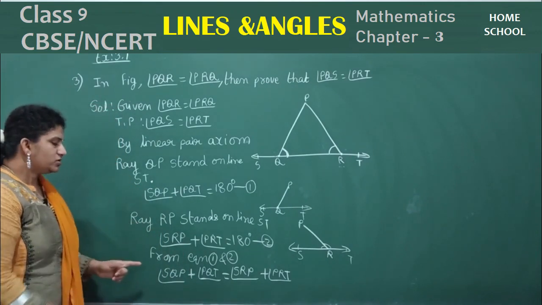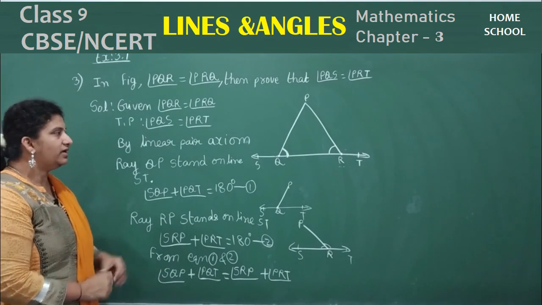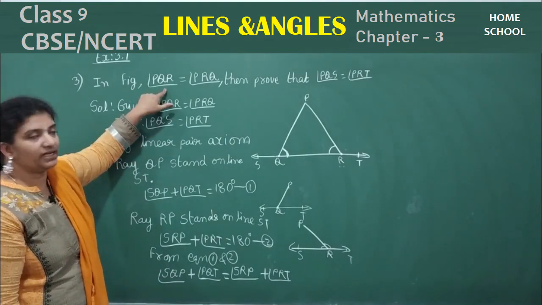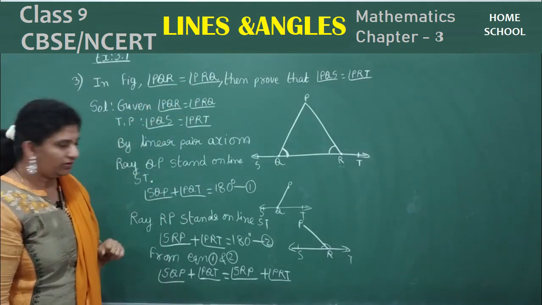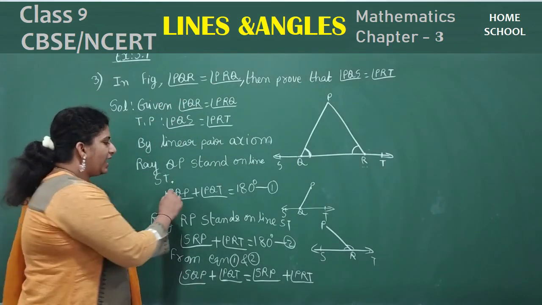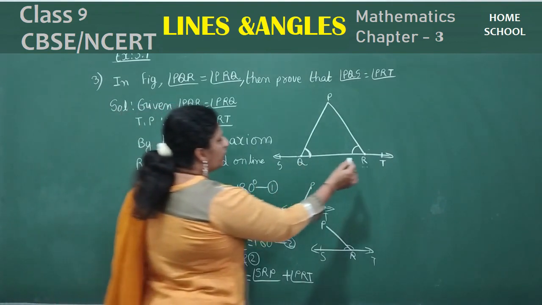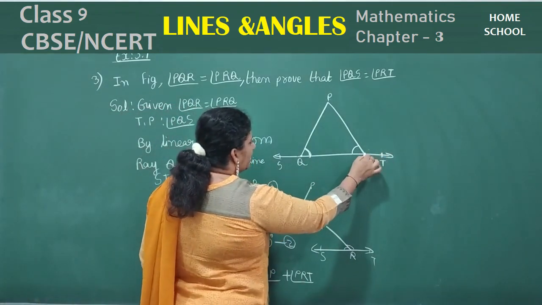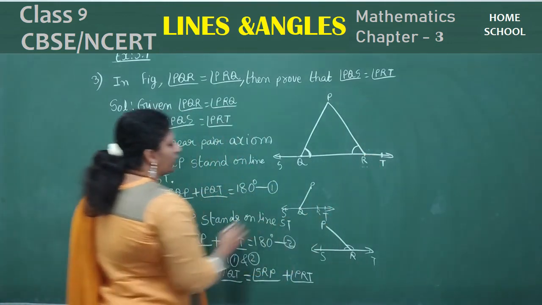Now, after equating, what can you say, children? I just recall the given statement. What is PQR? PRQ. So now look here, children. SQP, PQT you have seen, right? So no need of dragging up to T. You can end up here. Observe here, up to R you can end your angle.